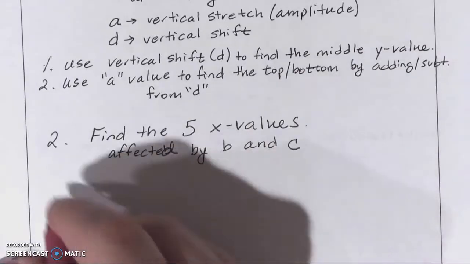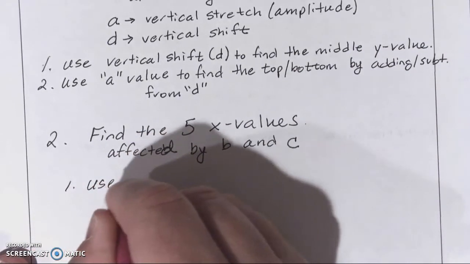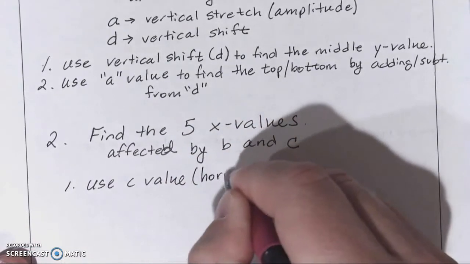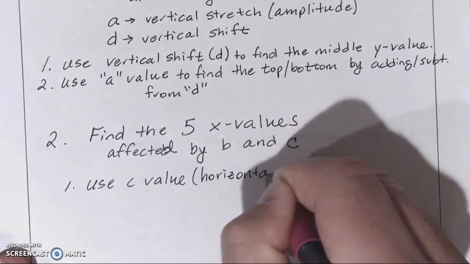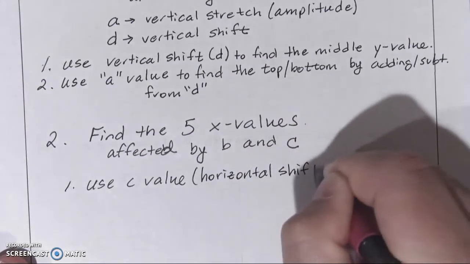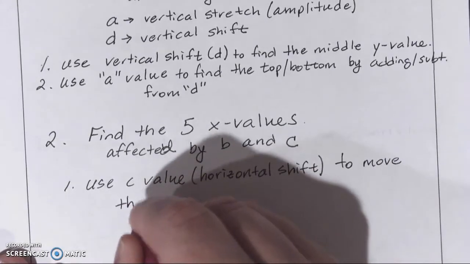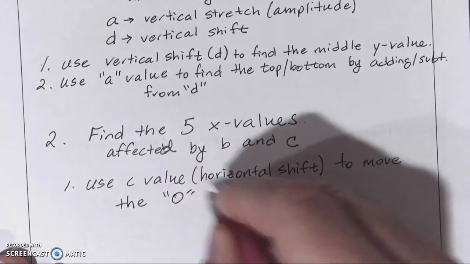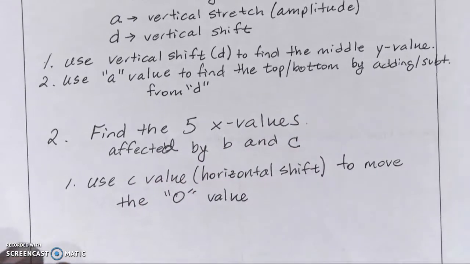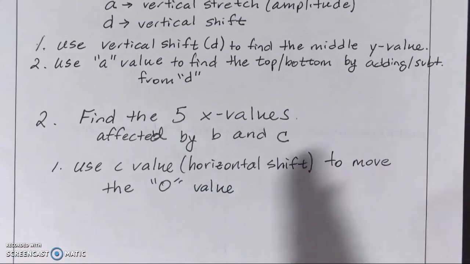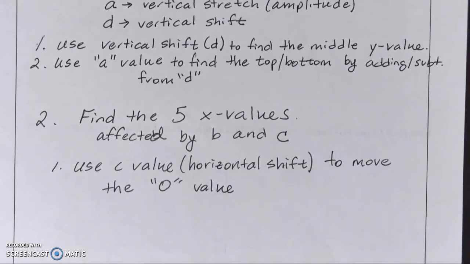First thing we're going to do is use the c value, which is our horizontal shift, to move the 0 value. Normally we have a point that's at x equals 0 on the parent function of all of our trig functions, sine, cosine, and tangent.